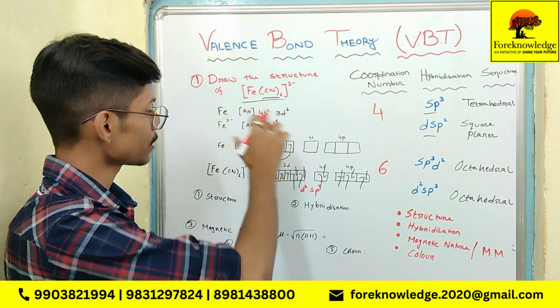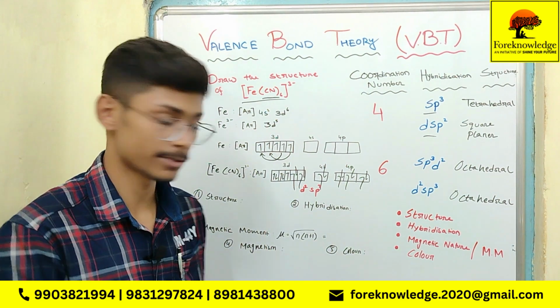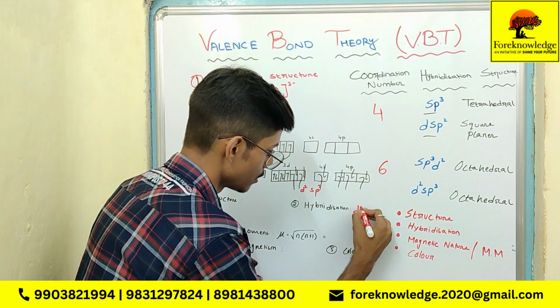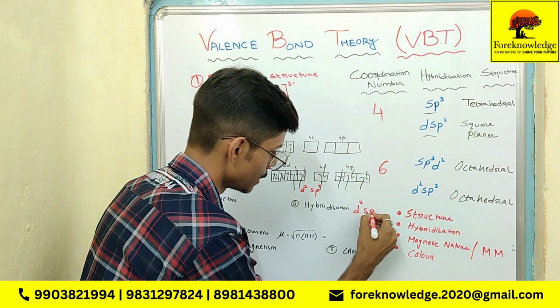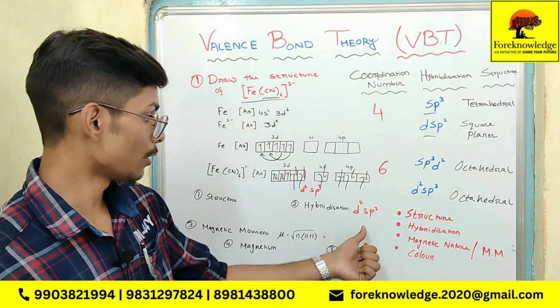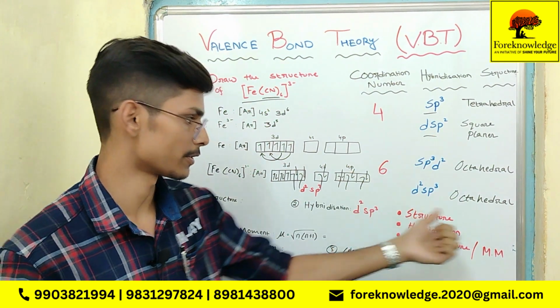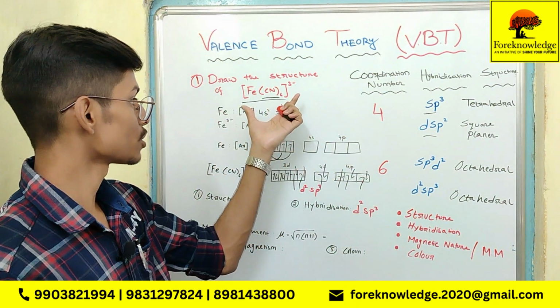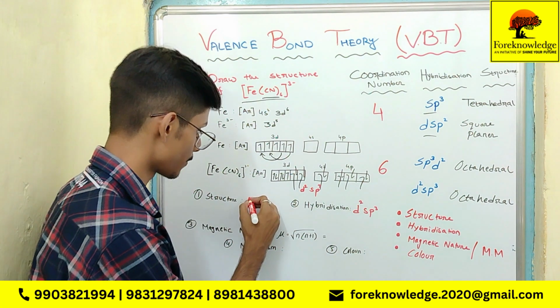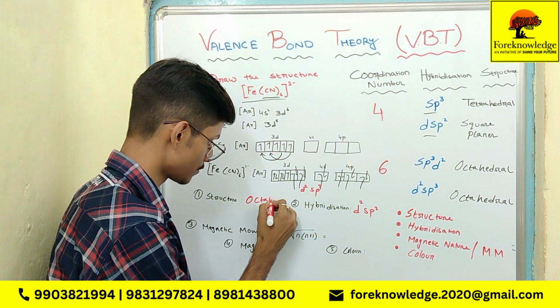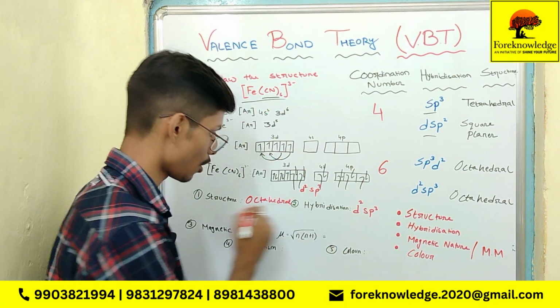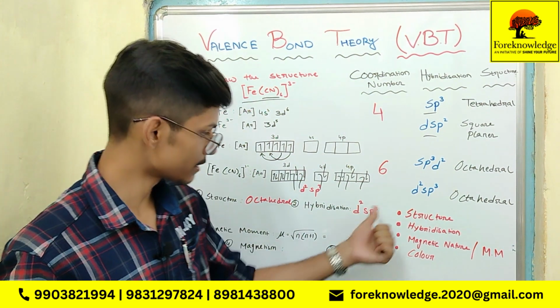So the hybridization of this compound is d2sp3. I am writing it here. Now what does d2sp3 say about the structure? The structure name is octahedral. So the structure of this compound will be octahedral, and the hybridization is d2sp3.